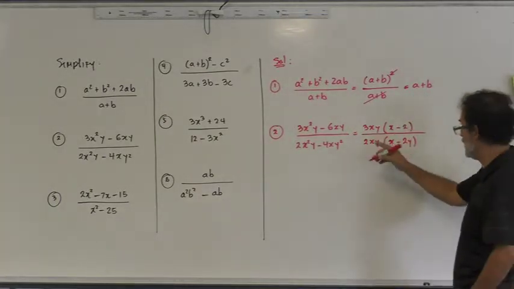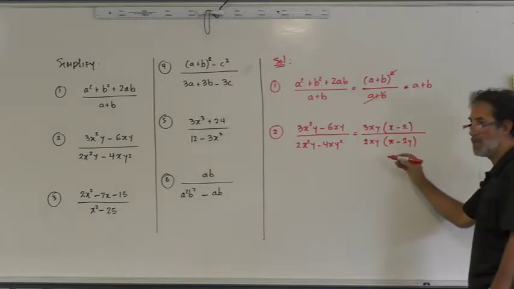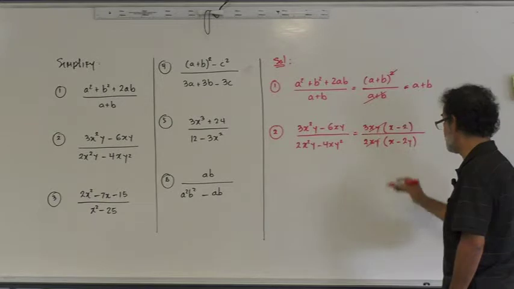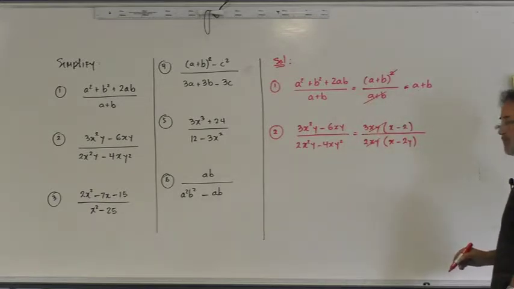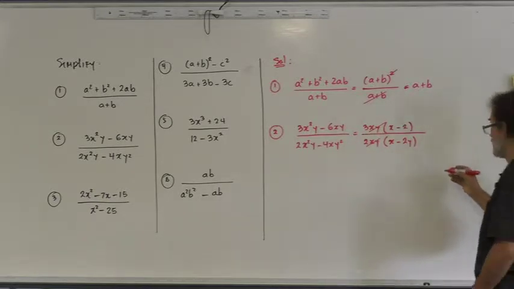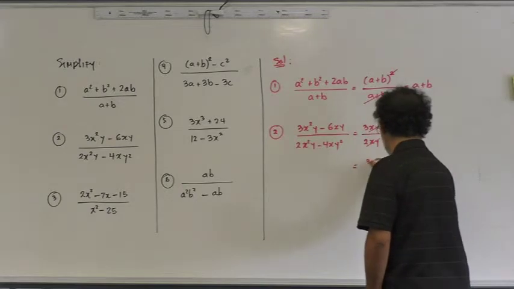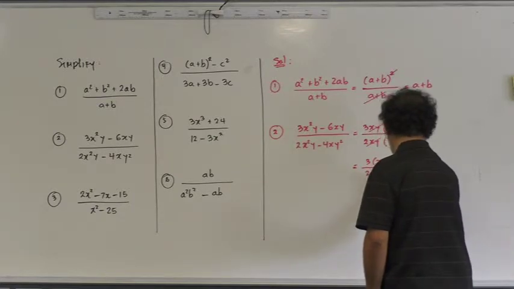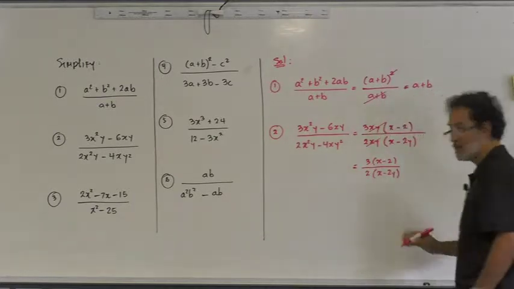Then we can cancel xy and xy, and there's nothing else we can do. So the answer is going to be 3x minus 2 over 2x minus 2y.